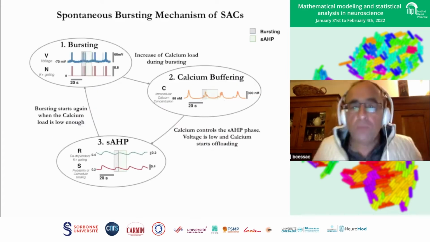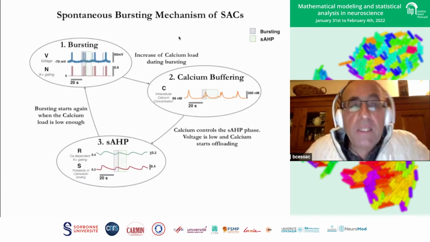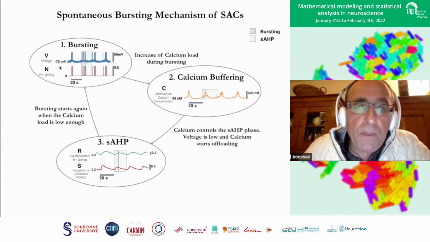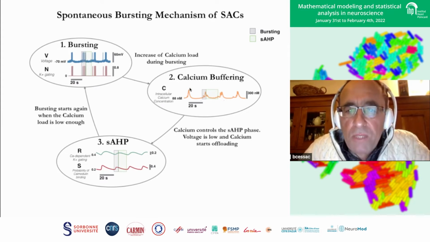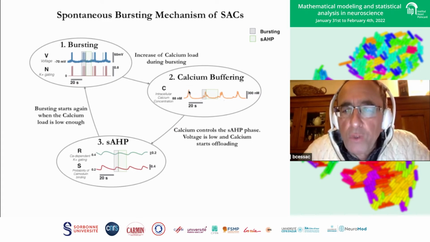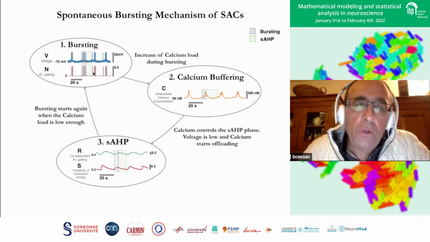Anyway, now we can explain the bursting mechanism, and yes, the bursting and hyperpolarization mechanism. This is explained here in words. When the cell is bursting just long enough, you raise the calcium. If you raise the calcium, you have this mechanism of triggering the SHP. So this means that at some point the cell feels a negative current, an inhibitory current.